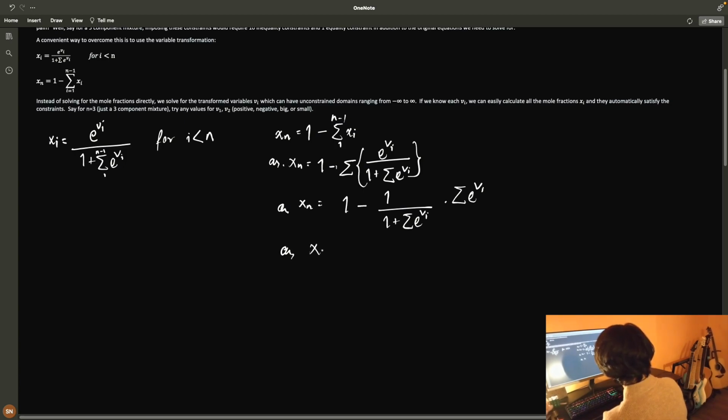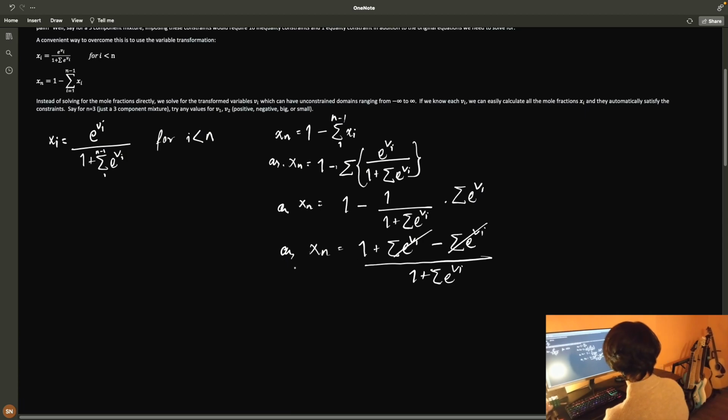If we simplify this form, we get 1 plus the summation of e raised to the power of vi minus the summation of e raised to the power of vi, and the whole thing is divided by 1 plus the summation of e raised to the power of vi. Now we can see that these two terms in the numerator cancel out, and we end up with xn equals 1 over 1 plus the summation of e raised to the power of vi.